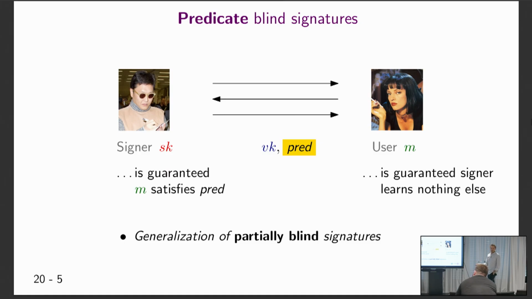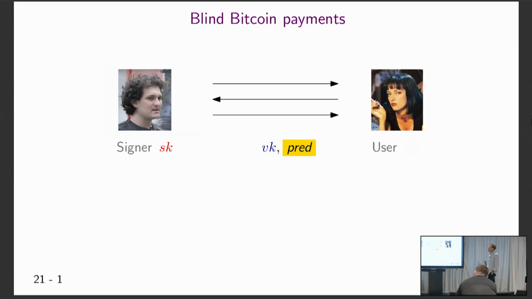One speculative application of this concept: meet Sam, the signer, who runs a cryptocurrency exchange, and Alice has an account with the signer, so she doesn't manage her own keys, but trusts Sam to do that. So the question is, can Alice or any client make an anonymous payment?